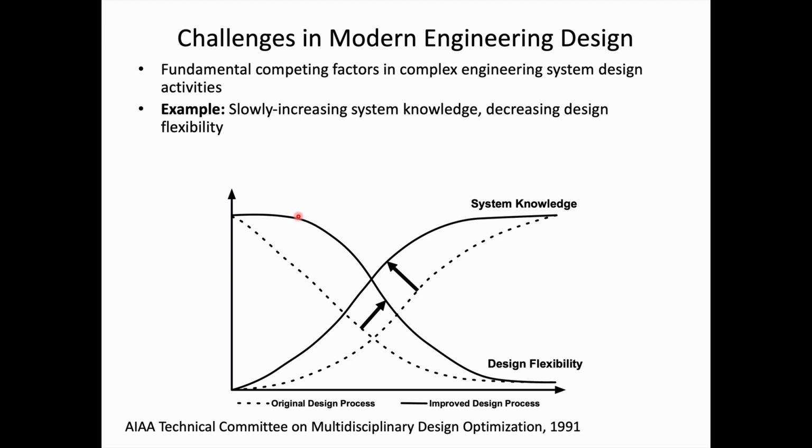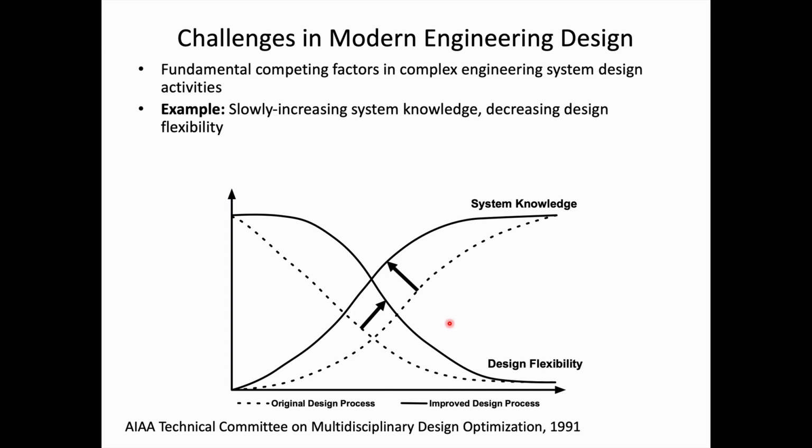So there's a little bit of inertia or stickiness. And as we proceed through the systems engineering process, design flexibility typically goes down. These are competing elements. We ideally would like to have maximal design flexibility and maximal system knowledge at the same time. But in reality, that doesn't happen.